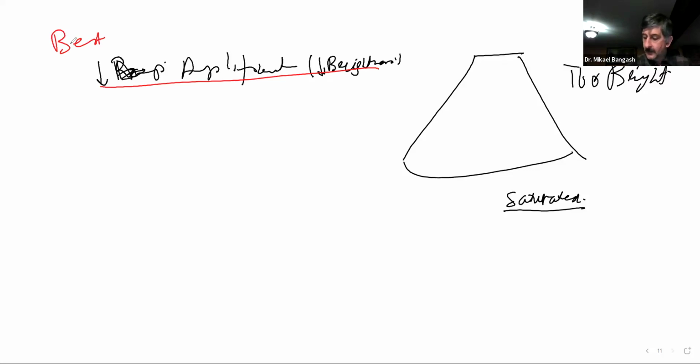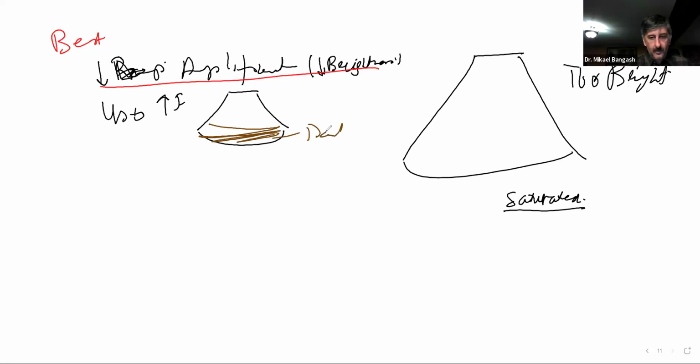Let's see. Use a higher frequency transducer. Now, using a higher frequency, what it's going to do is, this was our image here. The effect of the higher frequency means that this area down here is darkened out because of the attenuation.